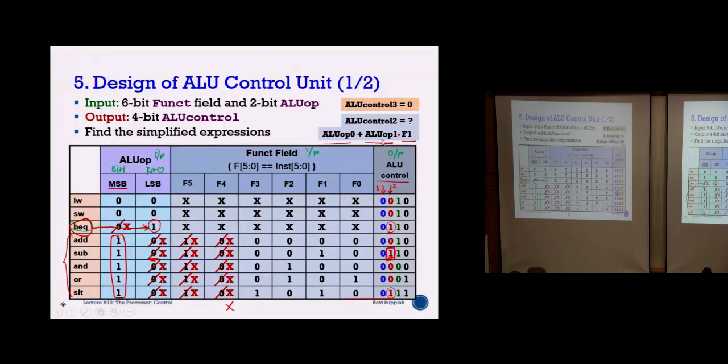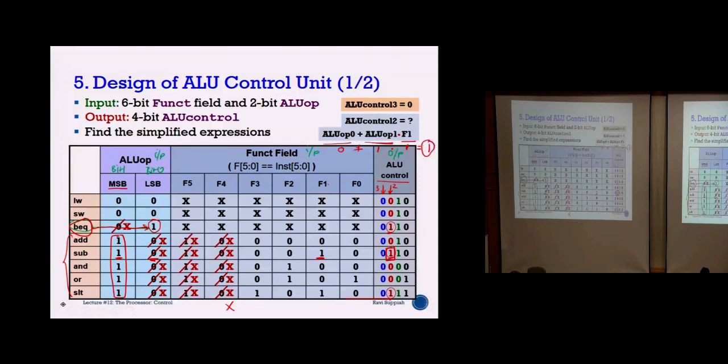ALU op 1 is a 1, correct? So this is a 1. Do an AND operation with function field 1. Function field 1 is here. 1 AND 1, so the answer is 1. Alright, this is a 0 OR with a 1, so the output is a 1.